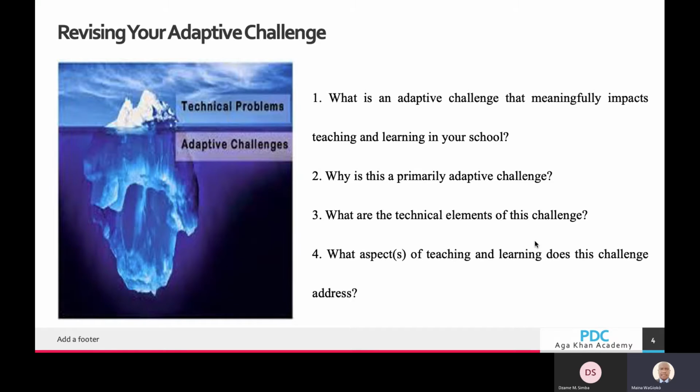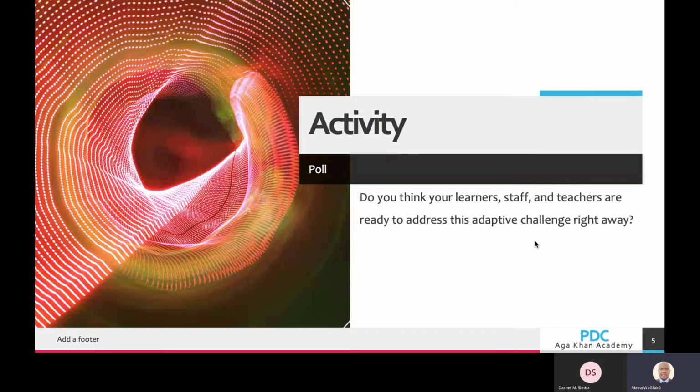So that is what we identified last time. Just to ask you quickly, do you think your learners, staff, and teachers are ready to address the adaptive challenge which you identified? What will be your answer? Is it yes? Is it no? Or you're not sure?